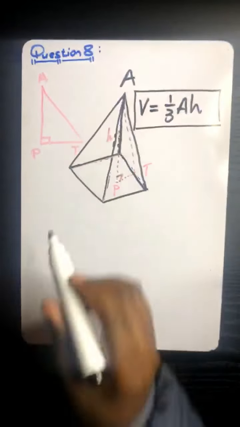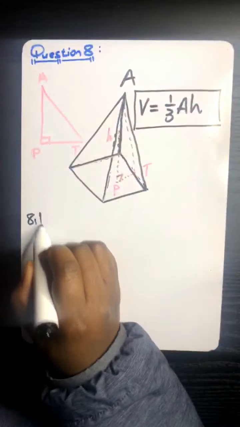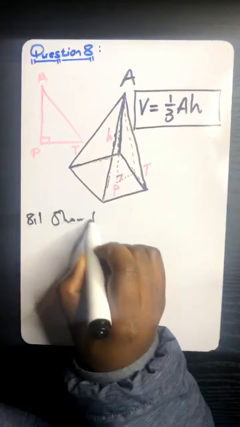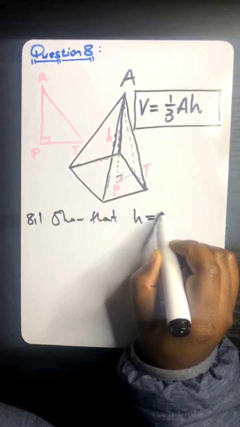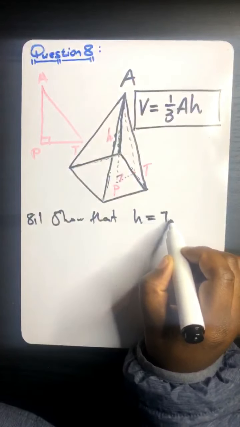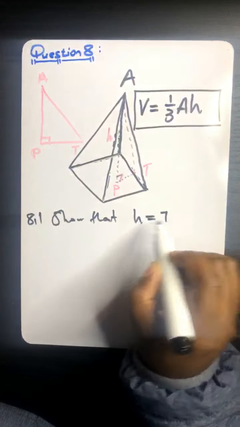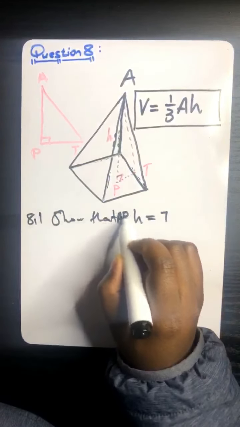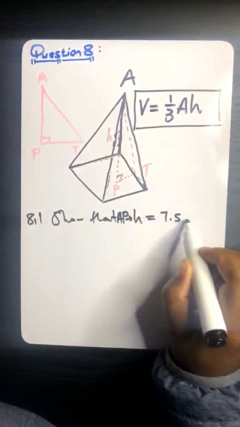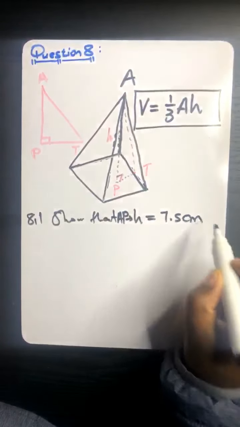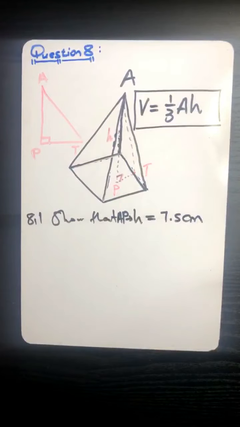And this is just 2 marks, guys. 8.1. They're simply saying, show that H, H being AP, is equal to 7.5 centimeters. And this is allocated 2 marks.